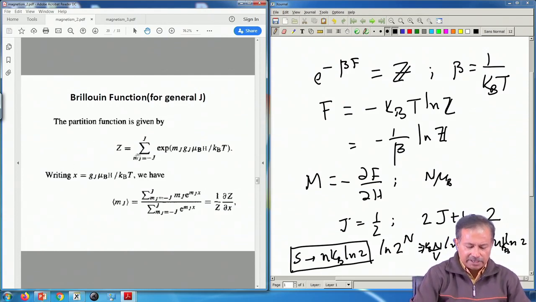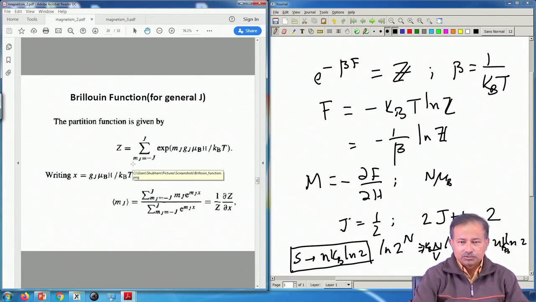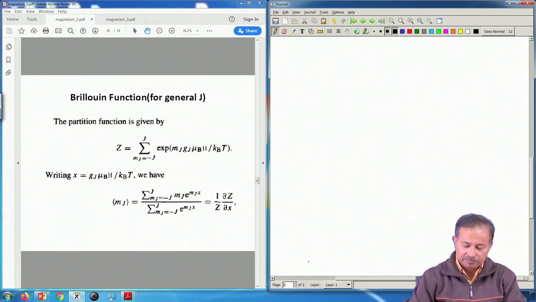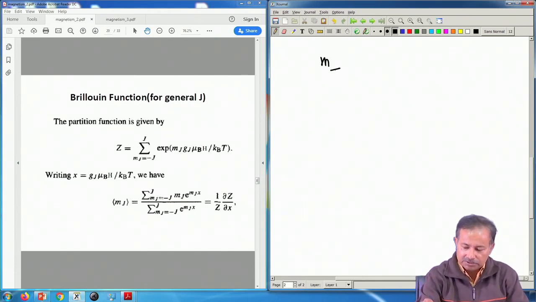Okay. So again we start with the partition function, but now this mJ value is not just 2 values, there are 2J plus 1 values, right. So this 2J plus 1 is the number of values. So you take your mJ, m sub J goes from minus J to plus J, right.